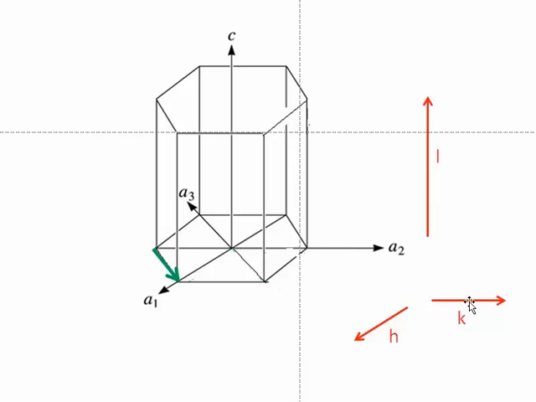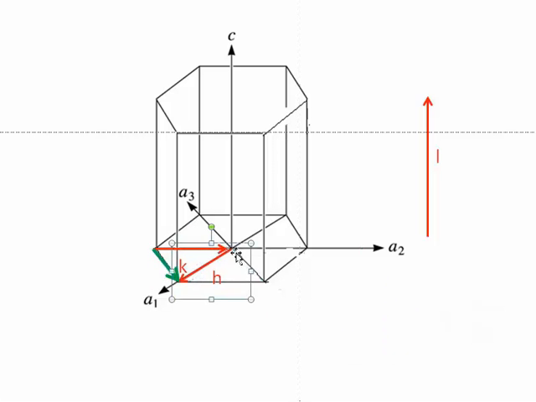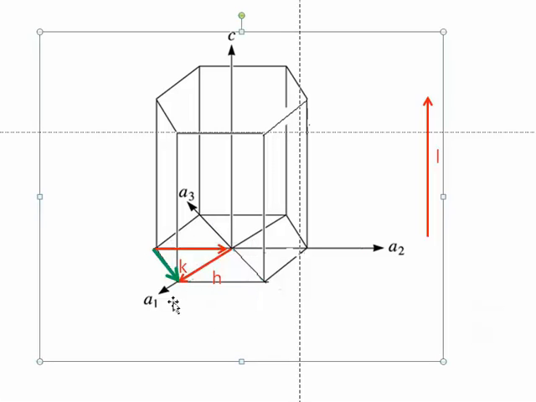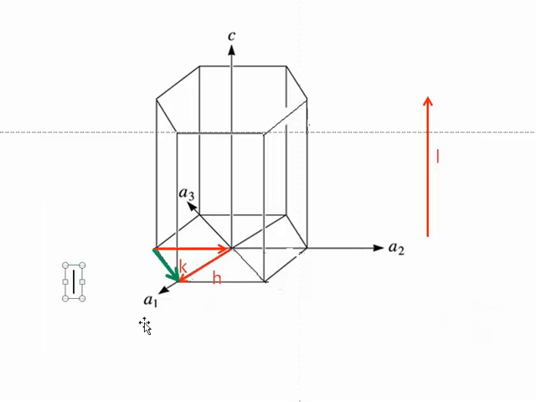Well, we see that if we take the k vector and add that to the h vector, we'll end up with a translation that is equivalent to our green arrow. So from this, we can define the h, k, and l indices as being, for the h direction, we are going one unit.